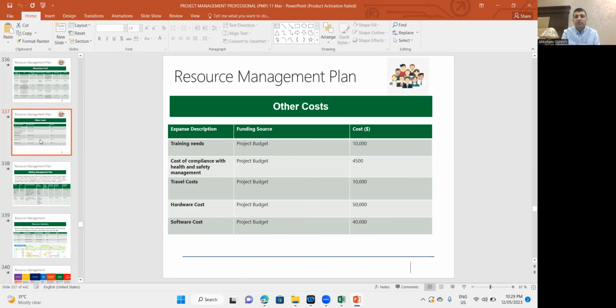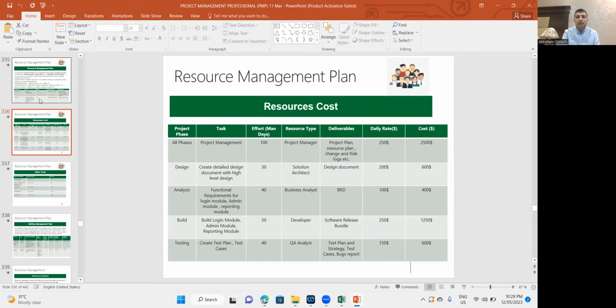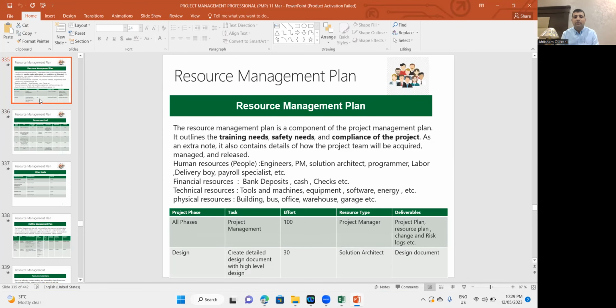Let's first review the resource management plan. Now the resource management plan is quite comprehensive actually. Roughly it takes care of whatever you saw in the staffing management plan, but in a little bit different way.